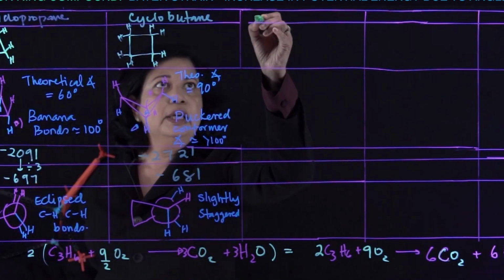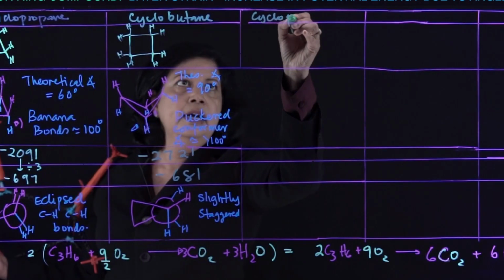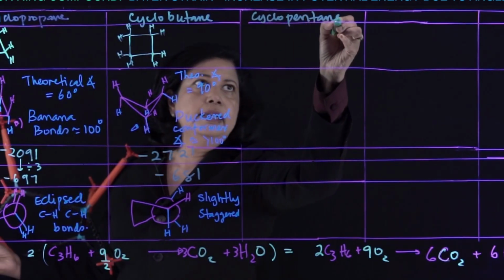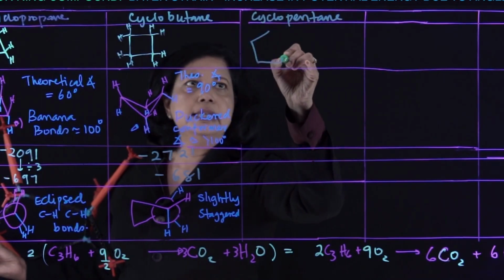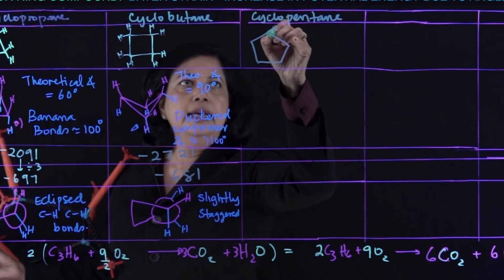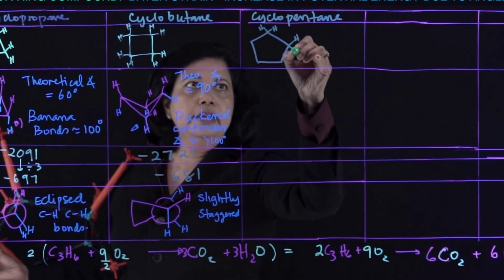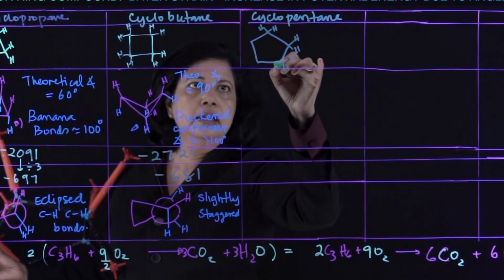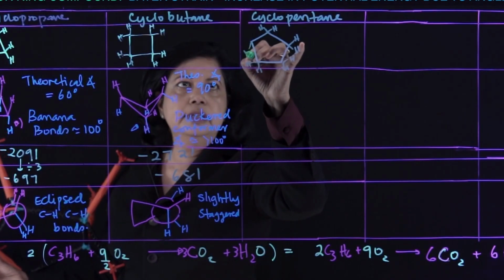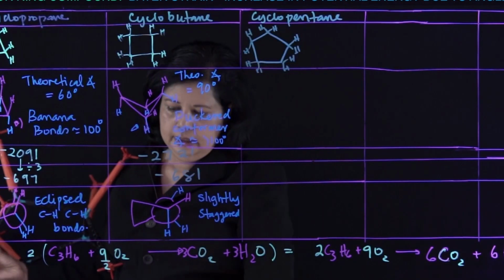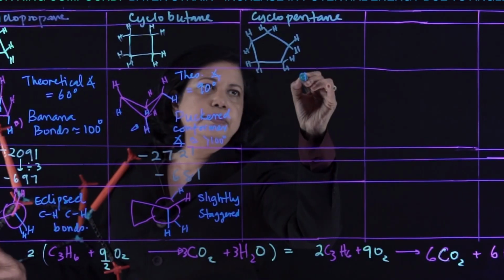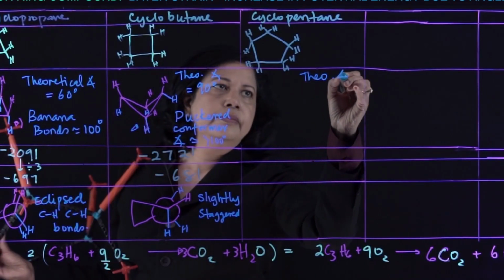Let's see cyclopentane, and that is going to be 5 carbons like that, and it's going to have a theoretical angle of 108, and so that's pretty much ideal.